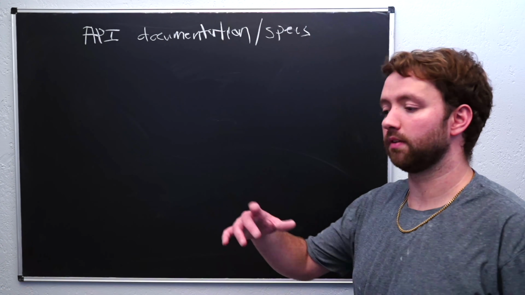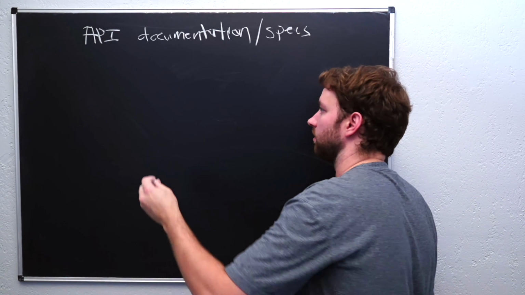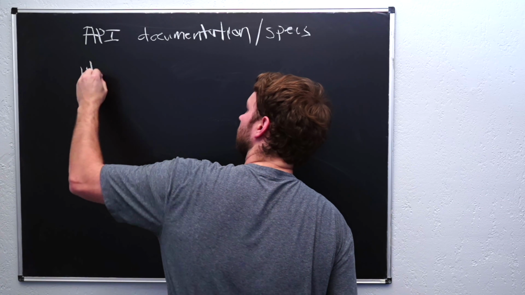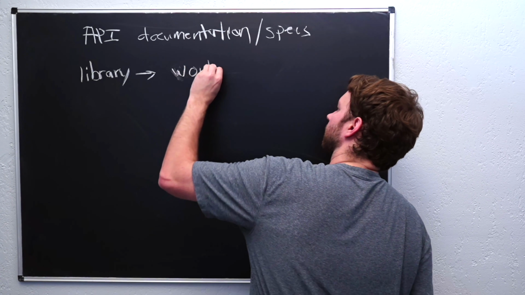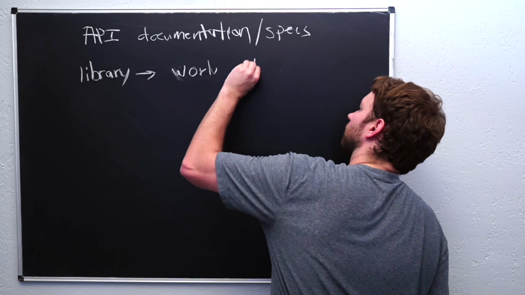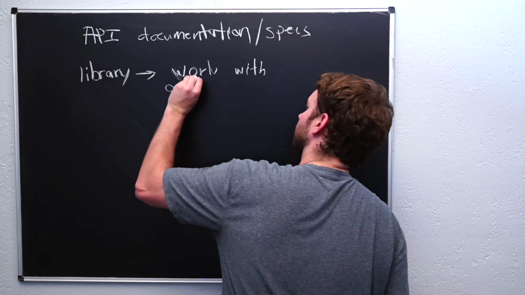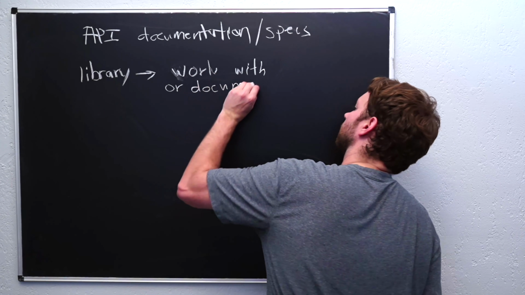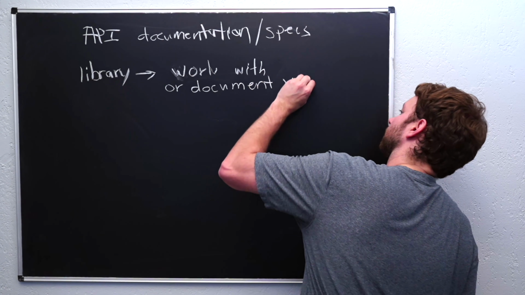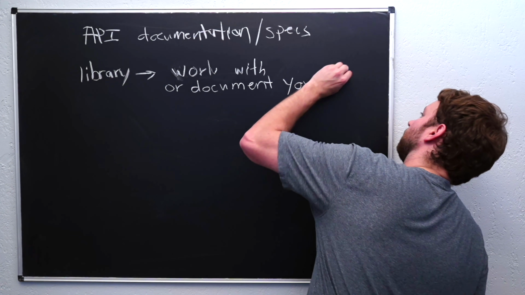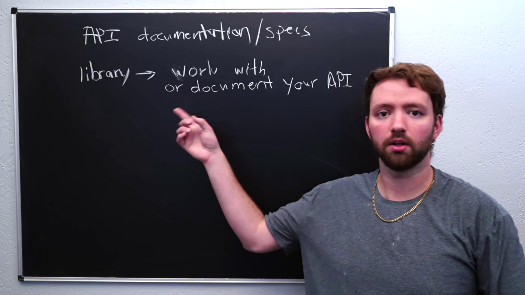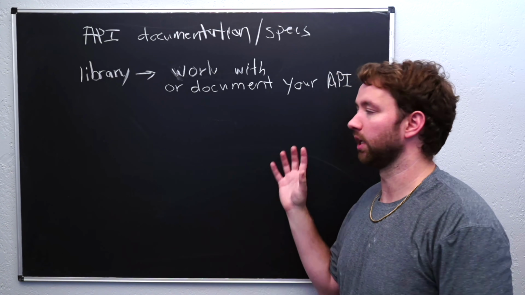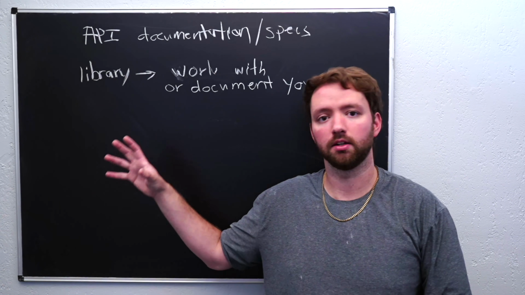Last thing is API documentation and specs. So it's often the case, whatever library or language you're using, will have some way to work with or document your API. And this might be some specific internal tool for that library, or it might use external things like creating an OpenAPI spec file.